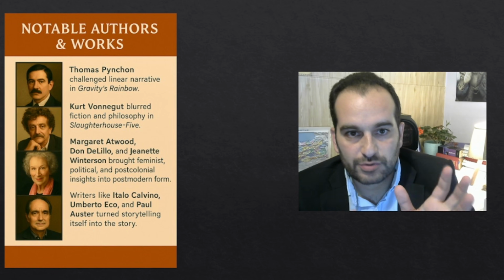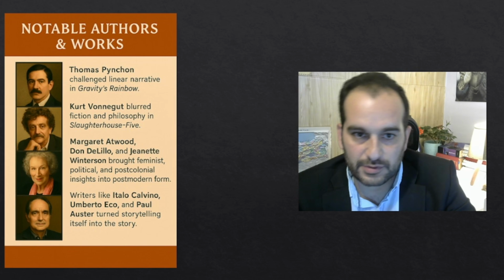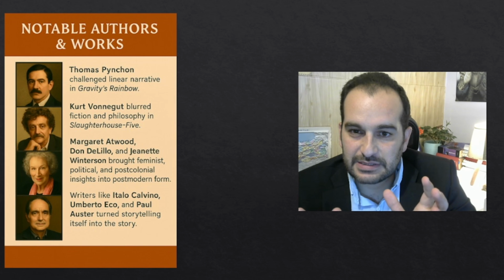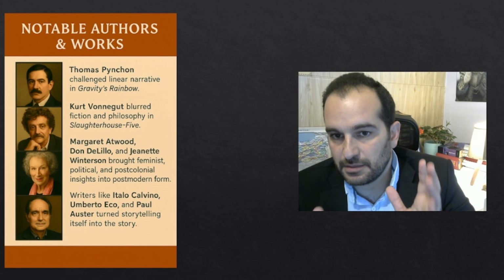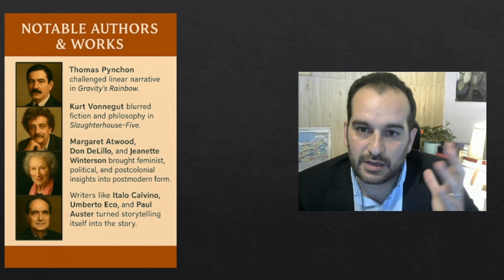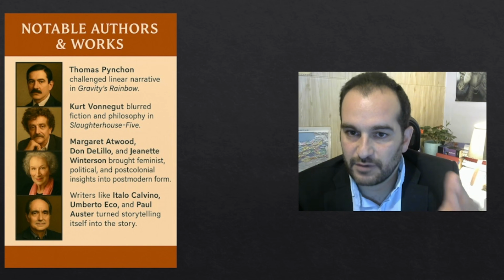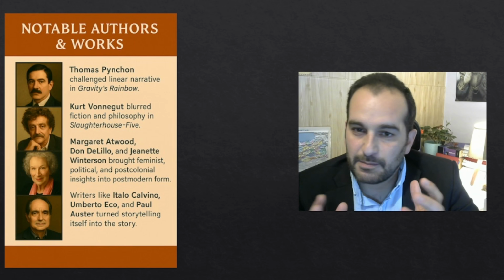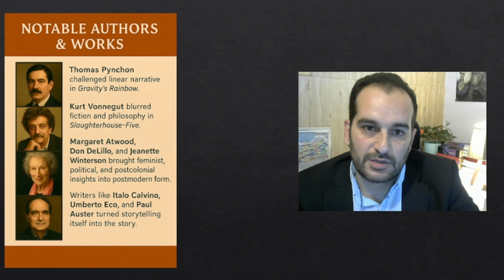After we talked about the elements of postmodernist literature, we reached this stage, notable authors and literary works. Since the postmodernist period is still ongoing and it includes contemporary writers, choosing the most famous or influential ones can be challenging.